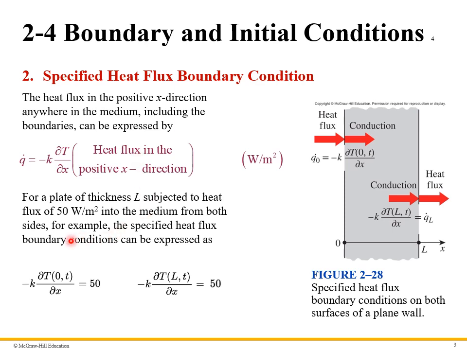Let's look at a plate of thickness L subjected to a heat flux of 50 watts per square meter into the medium from both sides, like the one shown here. Here the heat flux is coming in the positive x direction, so it's positive 50, and here it's again in the positive x direction, so it's positive 50.